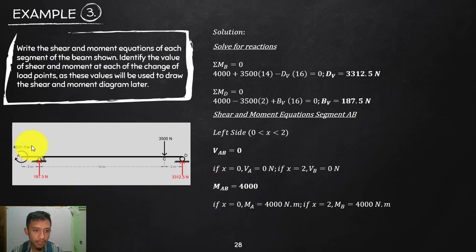But the moment, if I cut within your AB, and the x distance is from your point A, then you have there a moment. That is now considered, since we are establishing a moment equation. In your shear, we did not consider that 400 Newton meter moment, since that will not be part of the shear.